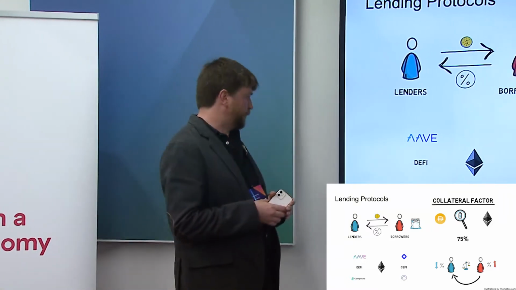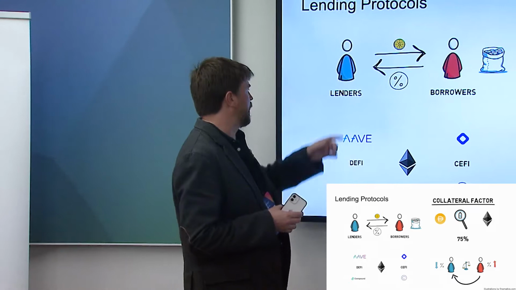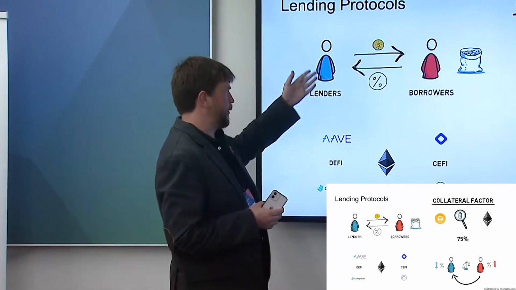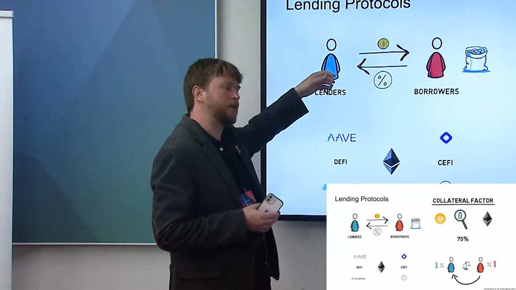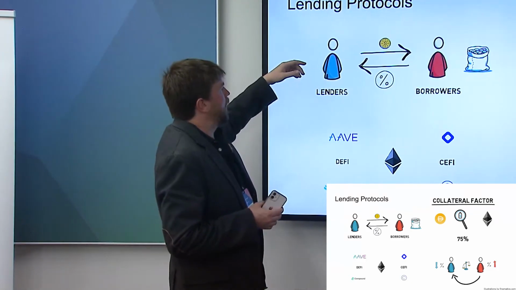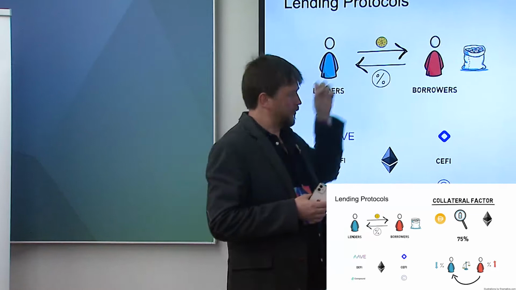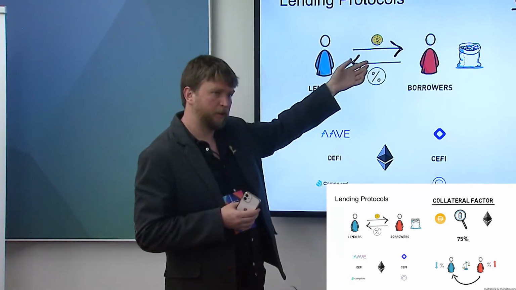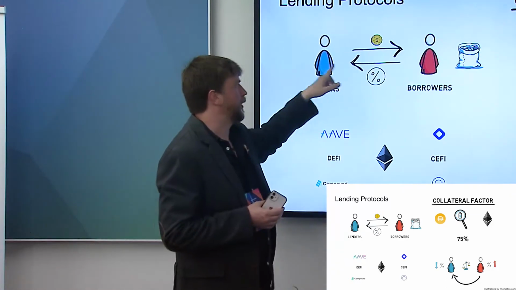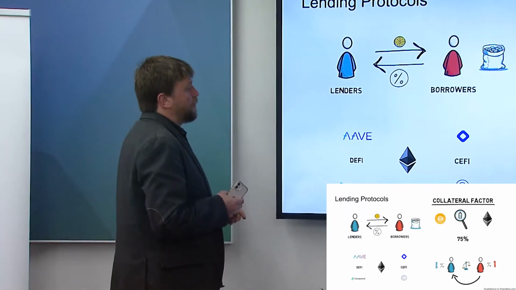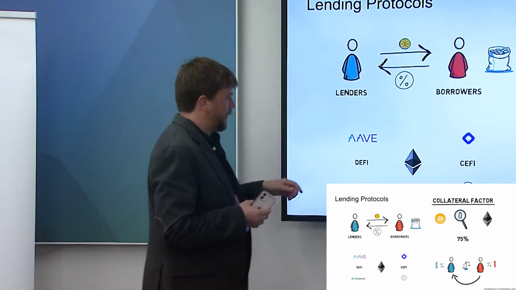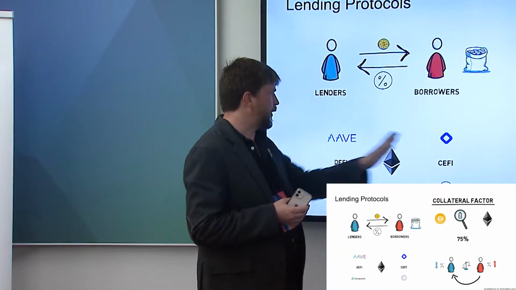So the lenders or depositors provide money to some entity or a protocol. In our case, that would be a protocol. And borrowers take those from the entity or the protocol, but they also return interest. If we look at the DeFi space, there are two ways you can implement those.